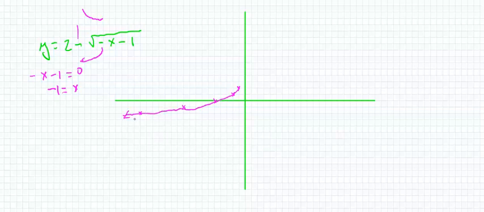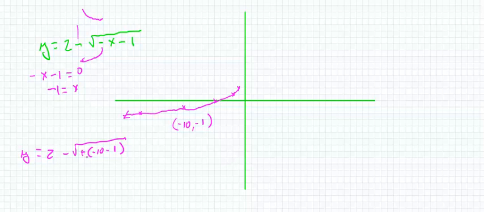If you're not sure, check a point. This point has an ordered pair of negative 10, negative 1. So if I put in y equals 2 minus the square root of the opposite of negative 10 minus 1, I should get negative 1.